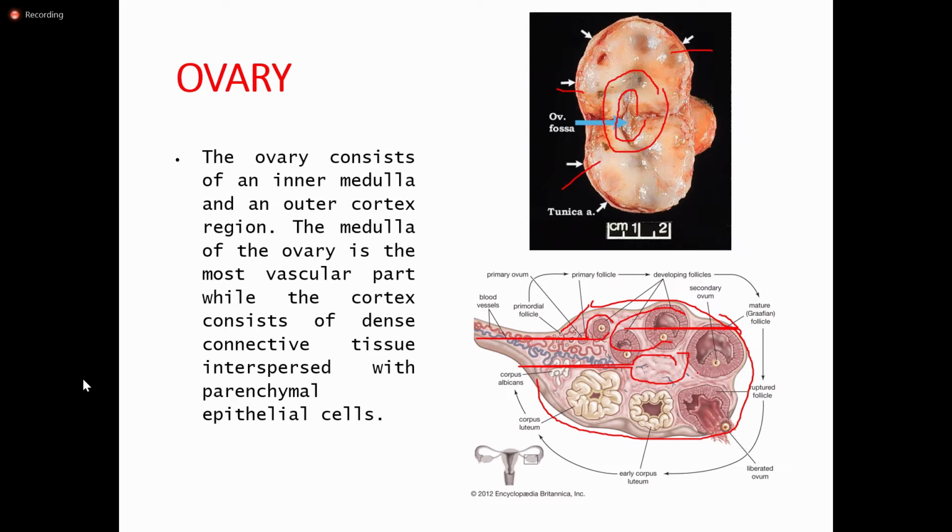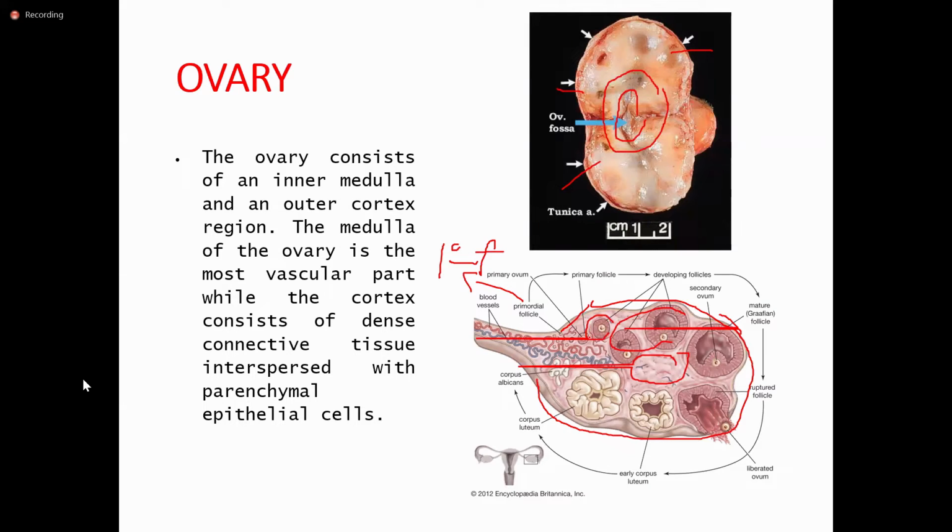So how to differentiate them? If we say primordial follicle, this is composed of a single layer of granulosa cell or follicular cell that is flattened in shape. Flat yan.